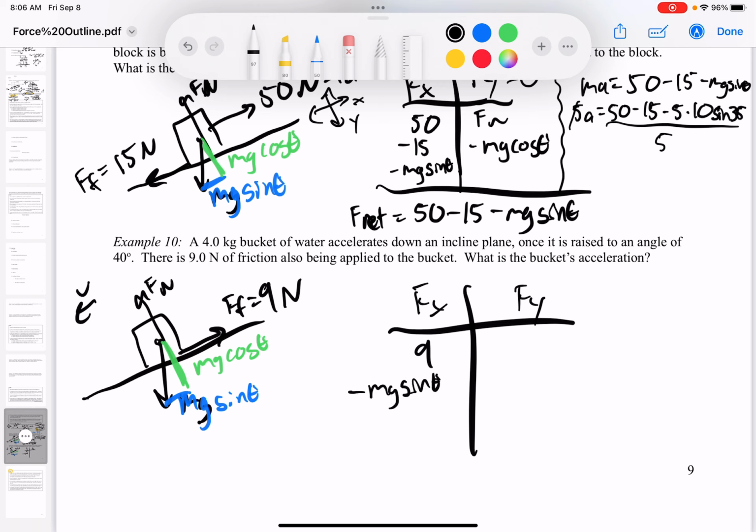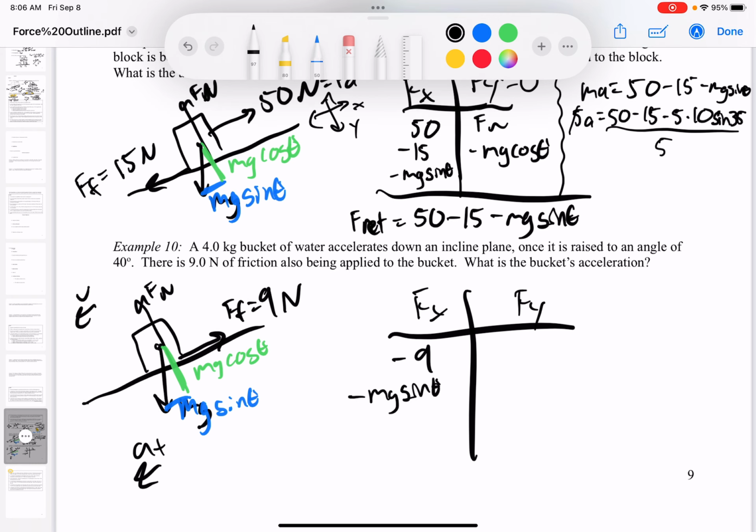Now, I'm actually going to make a change here. One of the things I want to do is the direction of acceleration, I want to make that positive, okay? You could potentially set it negative, but in general, it's always best to set the direction of acceleration as positive. So we're going to make this a -9 and a positive mg sine theta, okay?